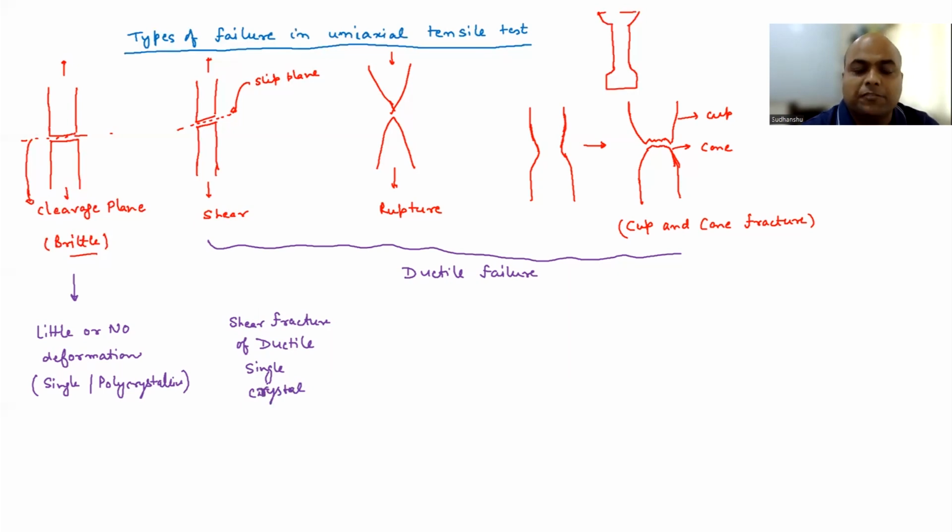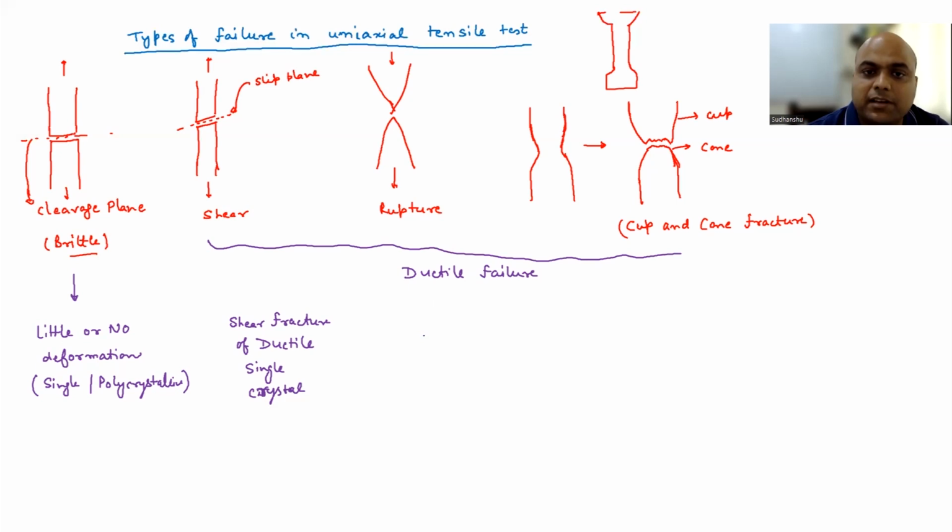First of all, it is a ductile failure, and it will happen when you have a single crystalline material. If you have a single crystal, some planes are more favorable towards deformation. Remember the Schmid criteria. On those planes you're going to have slip occurring, and that will lead to shear. So shear fracture of ductile single crystal.